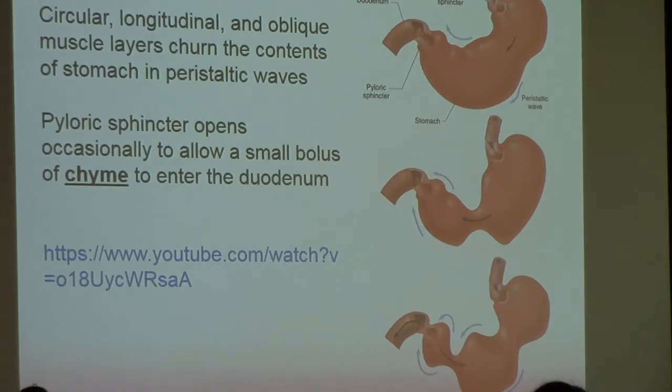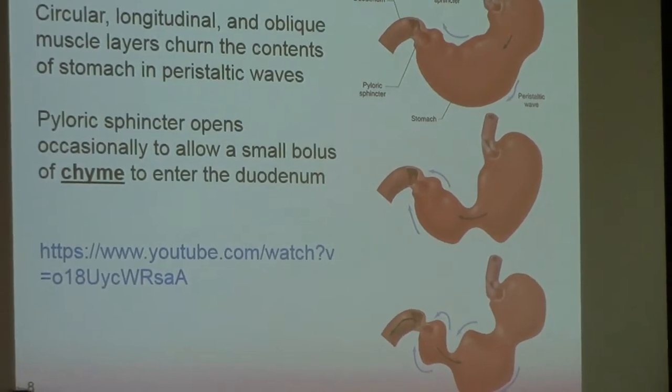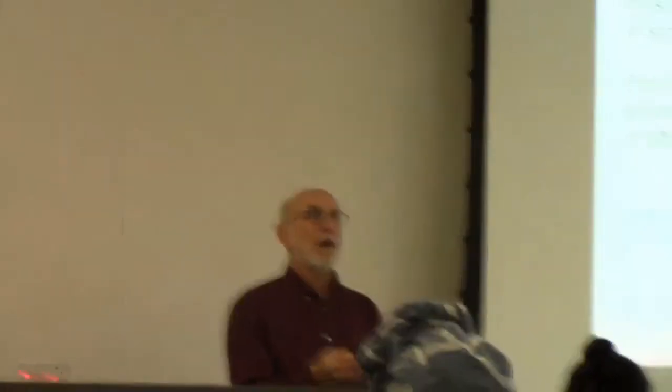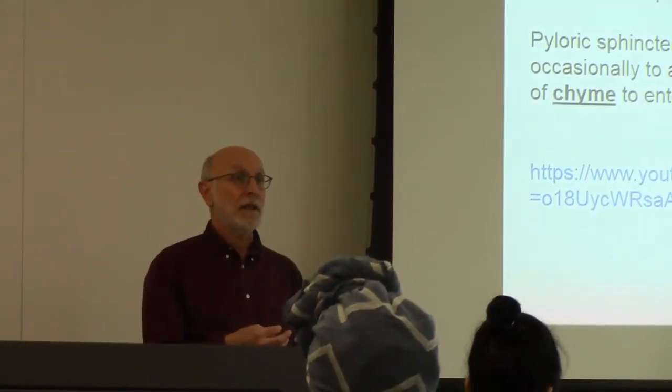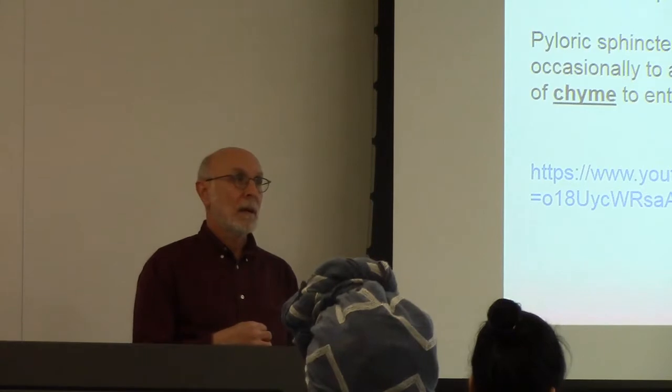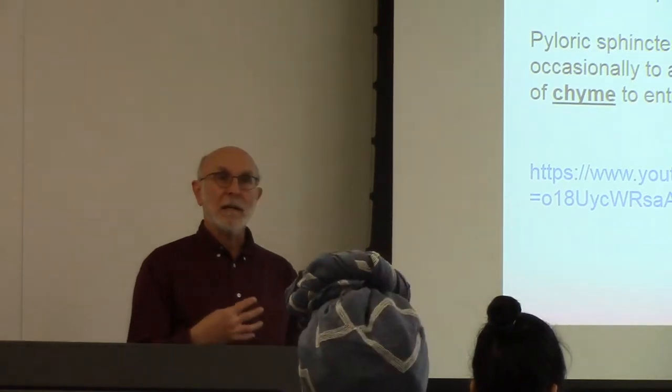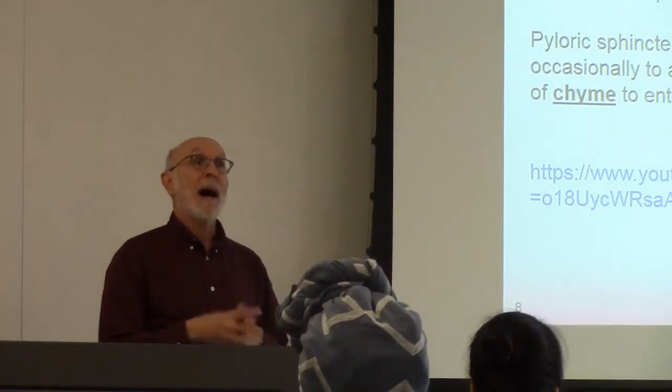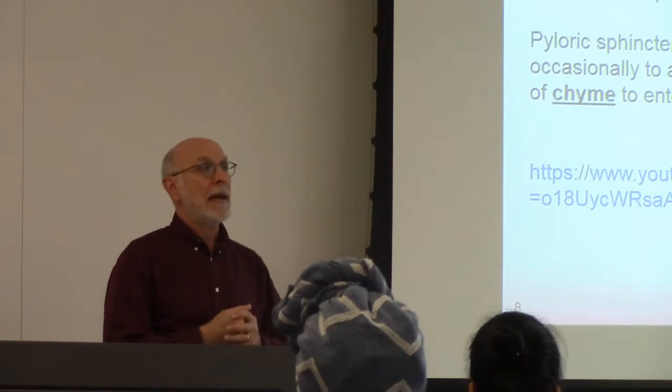Okay, so we saw motility in the esophagus. There is motility in the stomach too. So the bolus of food gets squeezed from the esophagus through the lower esophageal sphincter into the stomach, where it is now digested by mechanical and by chemical action.